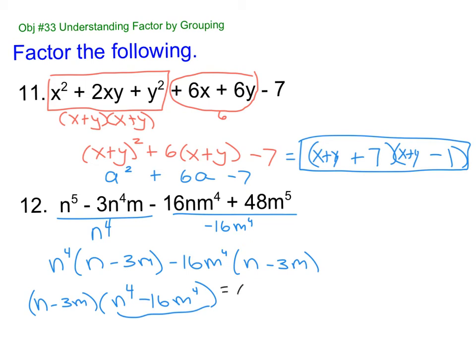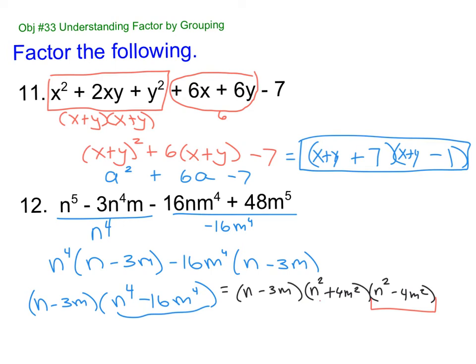All right, so we got the n minus 3m, and this is going to be multiplied times n squared, what times itself is 16m to the fourth, plus 4m squared, minus 4m squared. And then there is another factoring in here. This is another difference of squares.